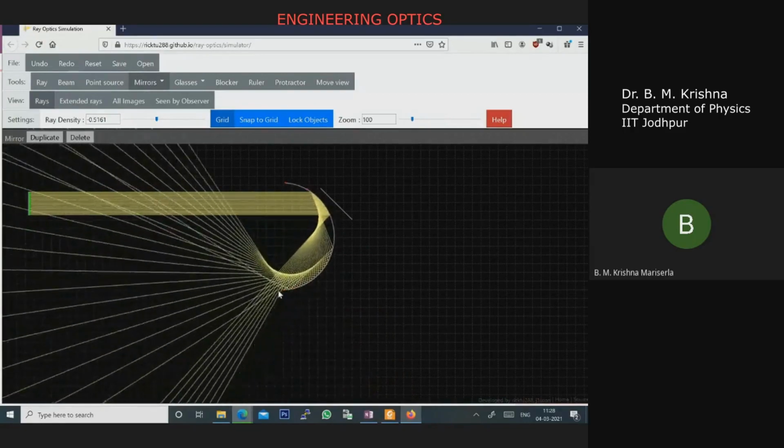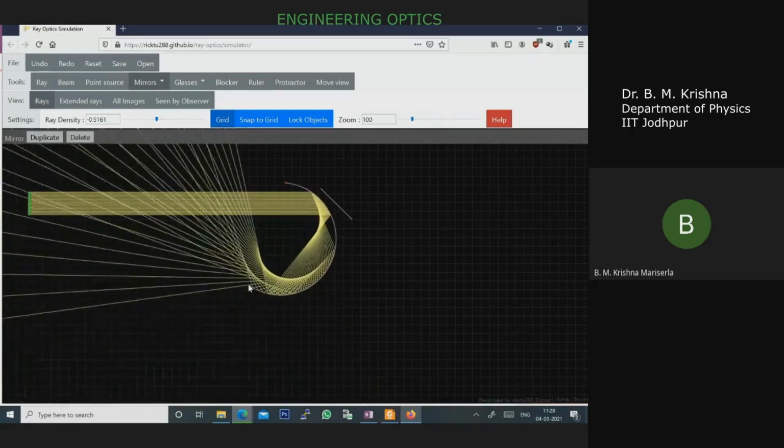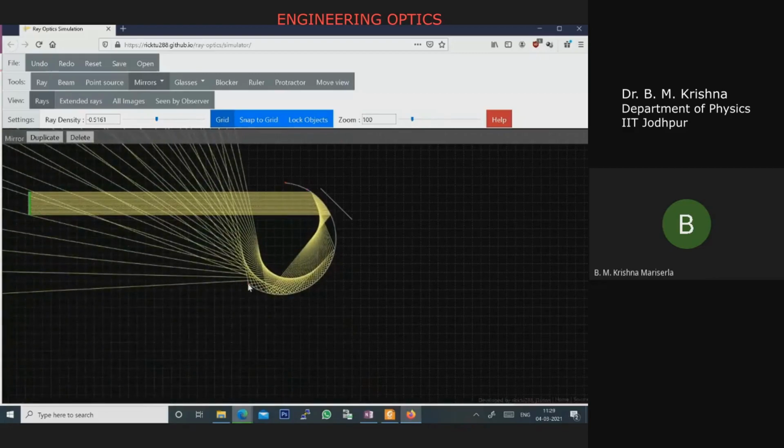So you can make a complex mirror. If you see, the light is incident on this part of the mirror and focusing here, and then after focusing it is defocusing and is incident on another part of the mirror, then again you have a reflection. So you can design a complex mirror like this.